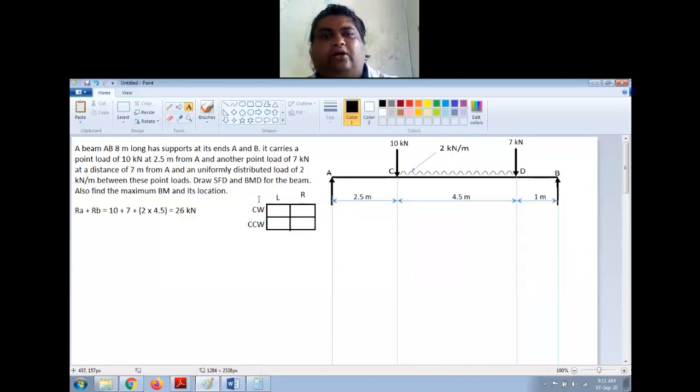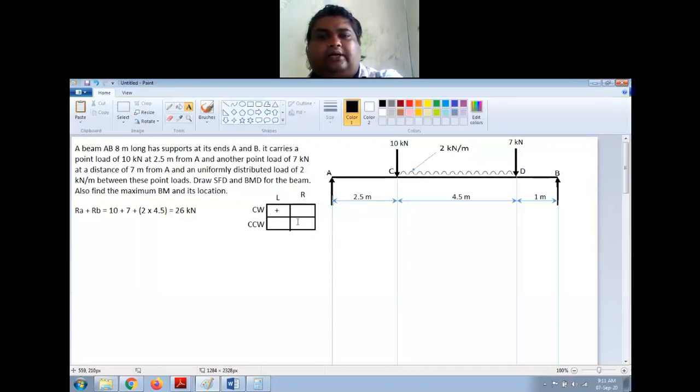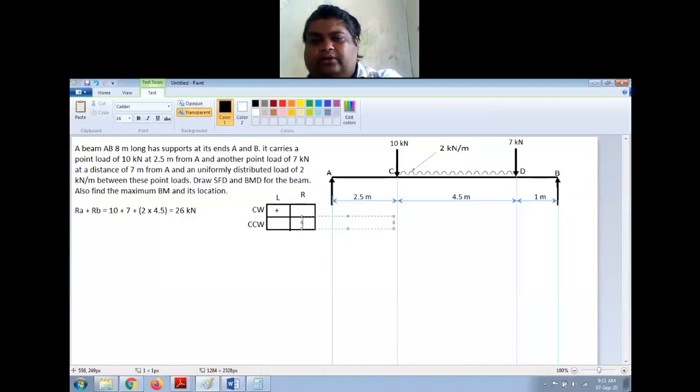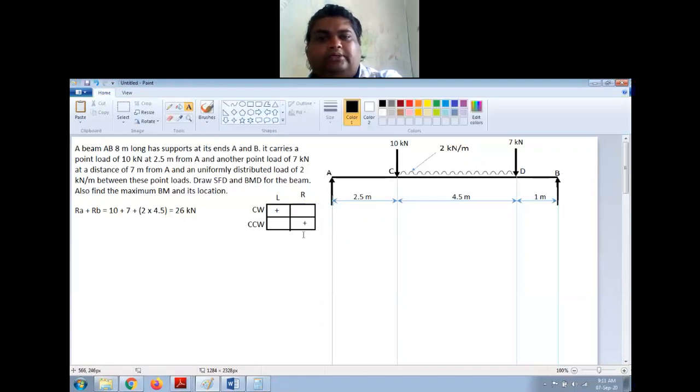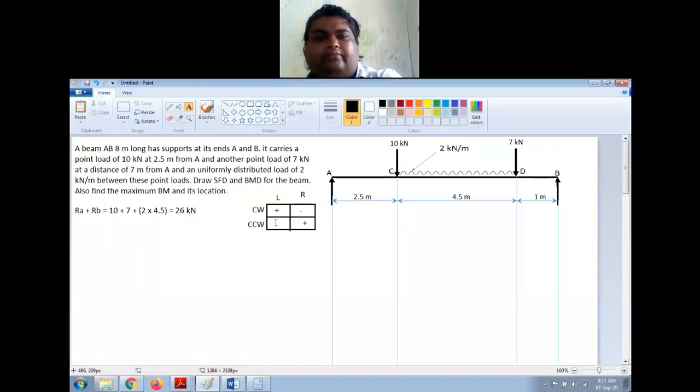So left side clockwise is positive. You put a plus here. Opposite to that, diagonally, it will be positive. Put another plus here, and remaining two will be negative. Right? Now, using this sign convention, I will find the bending moment at A.